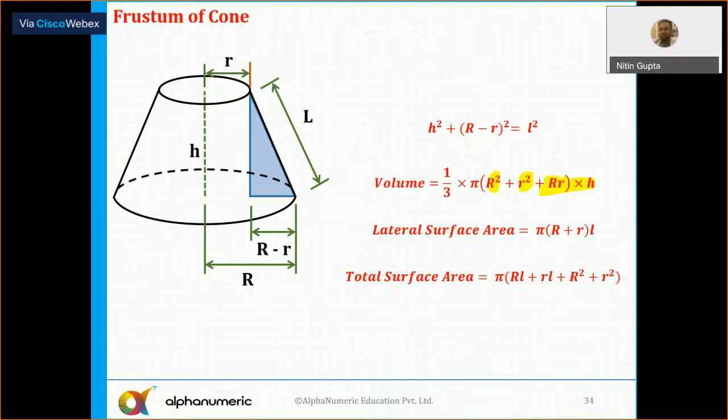So that's why the general formula applies. In that case, if you take the base as a circle, then you'll get the formulas for the frustum of a cone. So volume, then lateral surface area, and total surface area is that plus pi R square plus pi r square. So these are the formulas for the frustum of a cone.